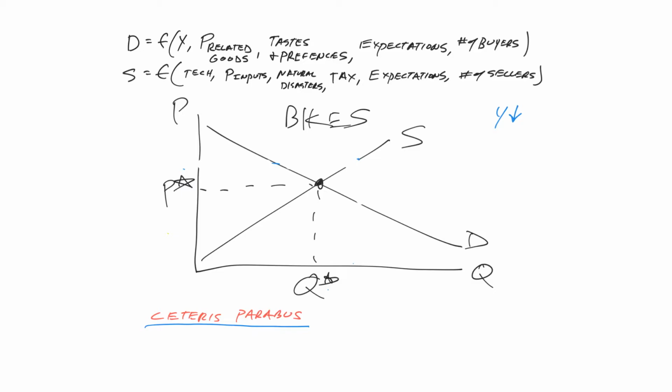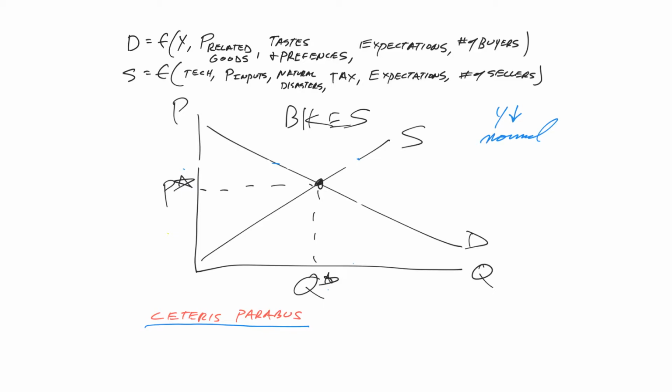Well, let's say it's a normal good. Okay, we have to know that. We cannot proceed without knowing that. If it's a normal good and incomes go down, well, normal goods are goods we like. It's goods we prefer. It's goods that we want to have.